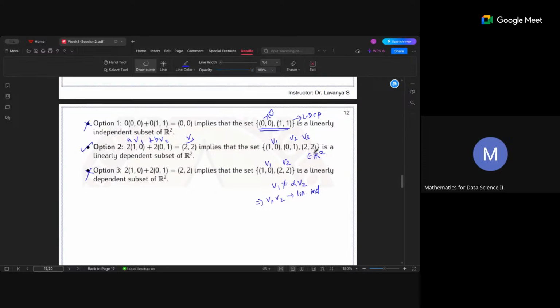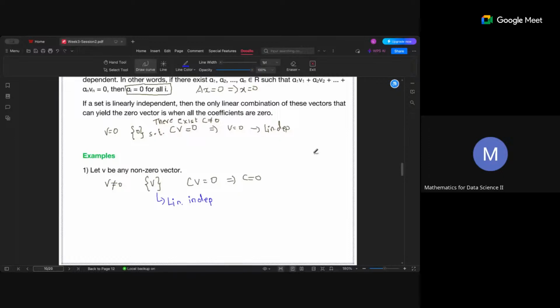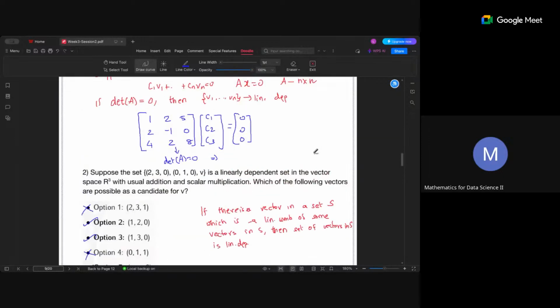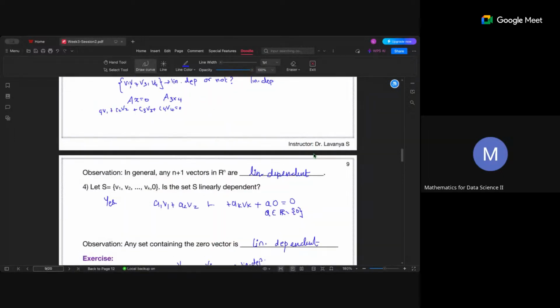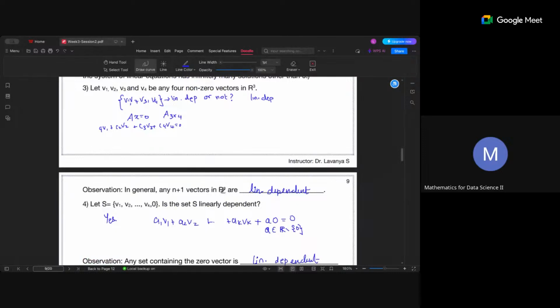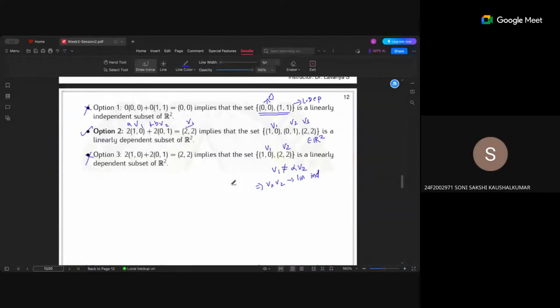This statement I have already given to you. In general, any n plus 1 vectors in Rn are linearly dependent. In this scenario, here you have three vectors in R2. N is 2 here. Fine?